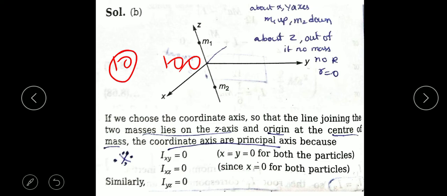If these are the two masses, then surely the center of mass point lies very near to the heavier mass. Here 100 kg is the heavier mass when compared to the 10 kg mass. Hence, the center of mass point would lie nearer to the very massive mass.